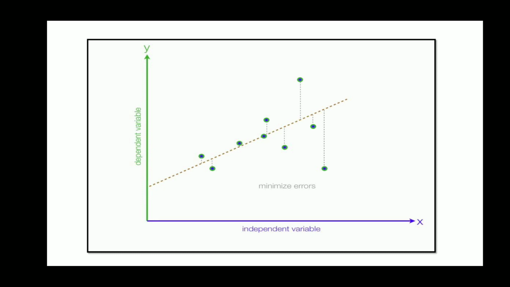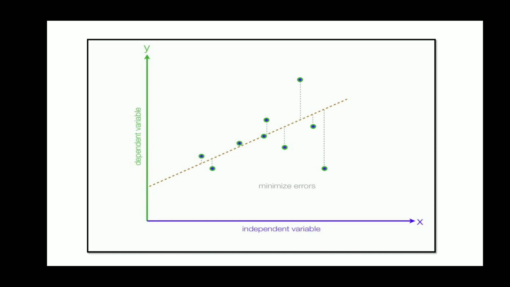So what is a regression line basically, and what does it describe? A regression line is a straight line which describes how a response variable, response meaning your dependent variable, changes as an independent variable changes.